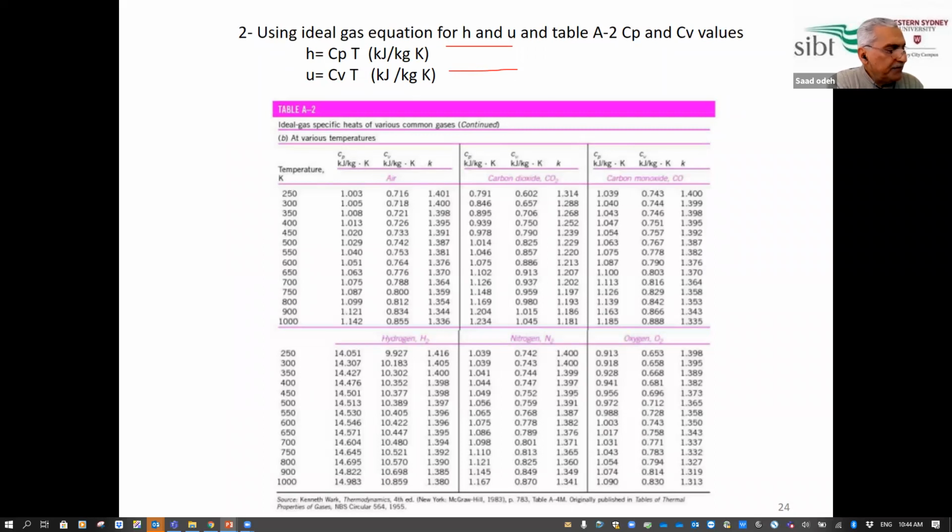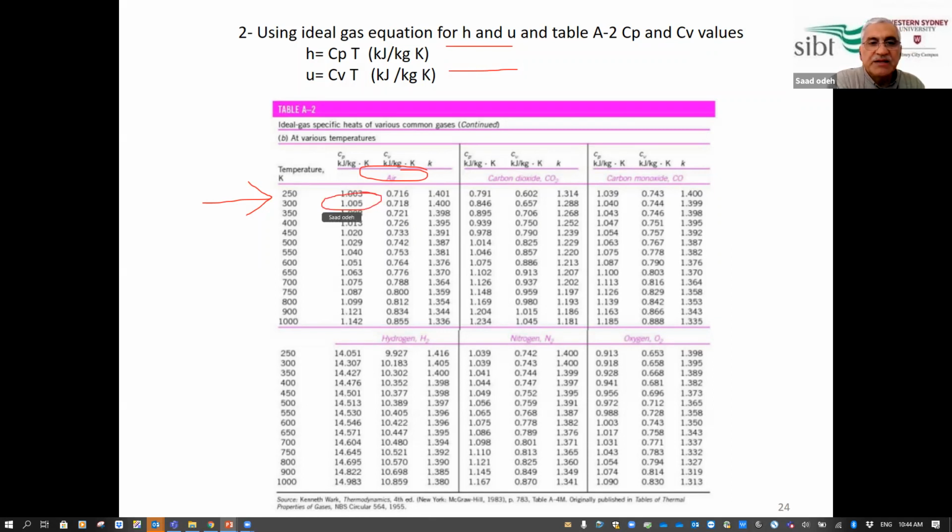For example, if I have a temperature for air, this first table is for air. So for air, I'll take this table, and for example, at 300 K, which is about 28 Celsius, I can find the value of Cp.